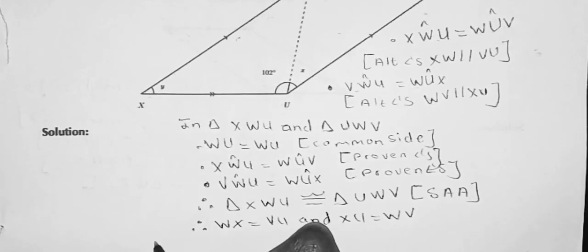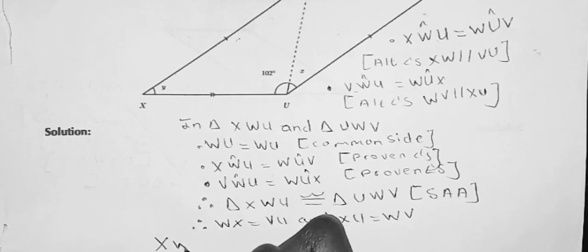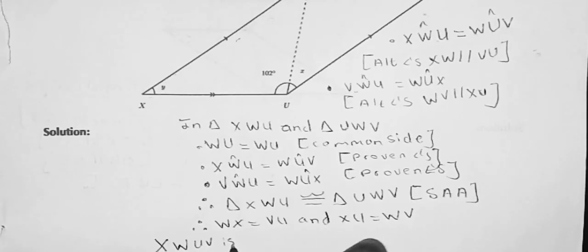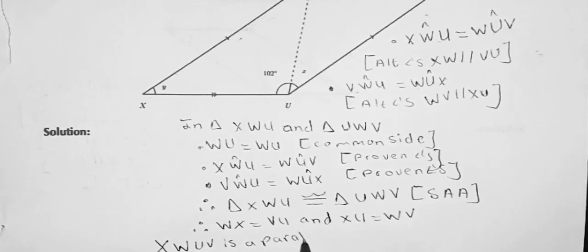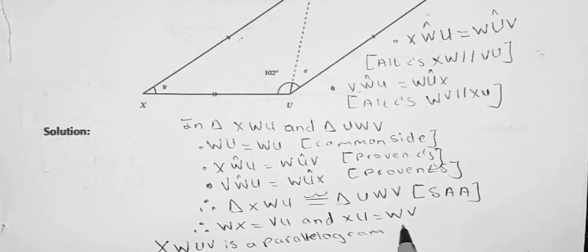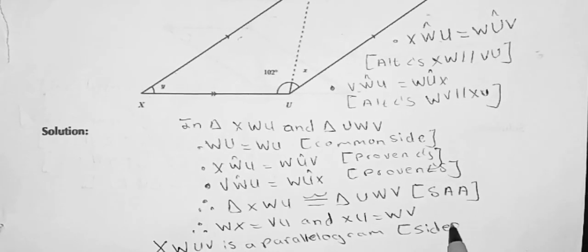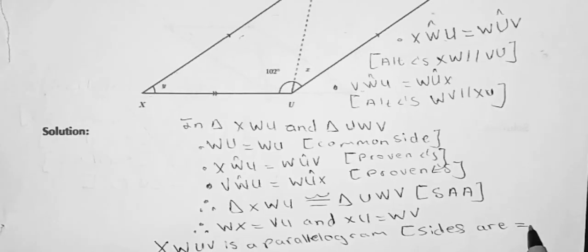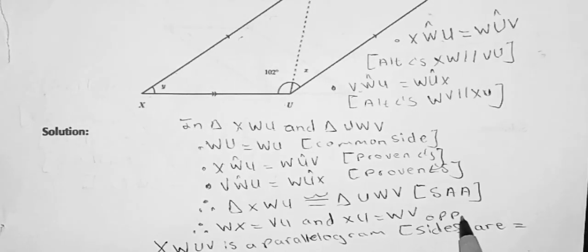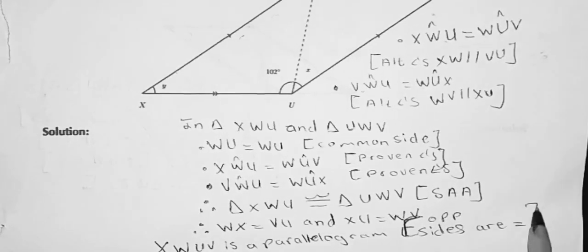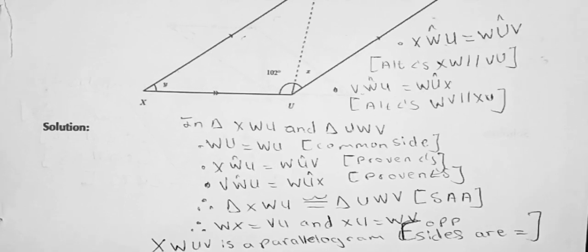So you want to say XWUV is the parallelogram. Reason: opposite sides are equal.